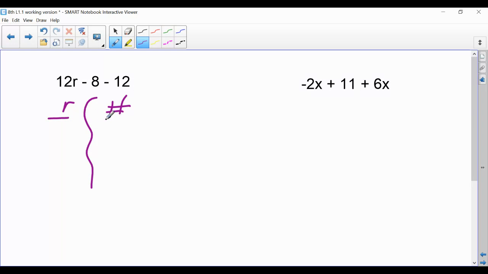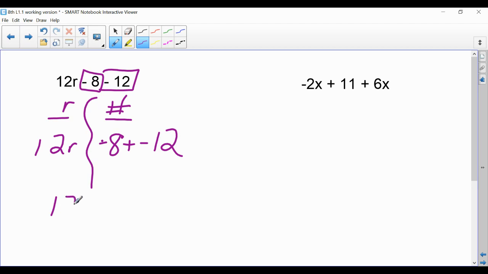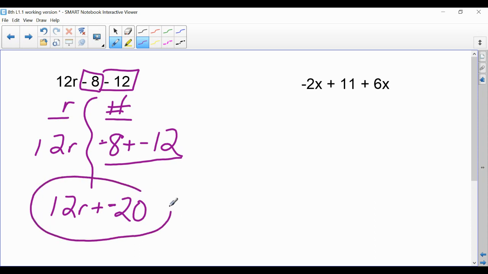So for r's, we have 12r, and then we have a negative 8 and a negative 12. 12r just comes down, it's by itself, plus negative 8 plus negative 12. Same sign sum, so 8 plus 12 is 20. Answer stays the same, so it's a negative 20. The answer for that one is 12r plus negative 20.